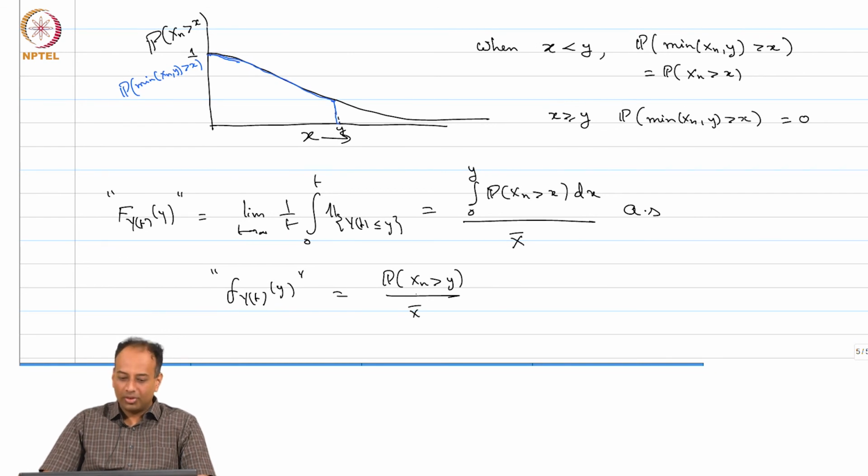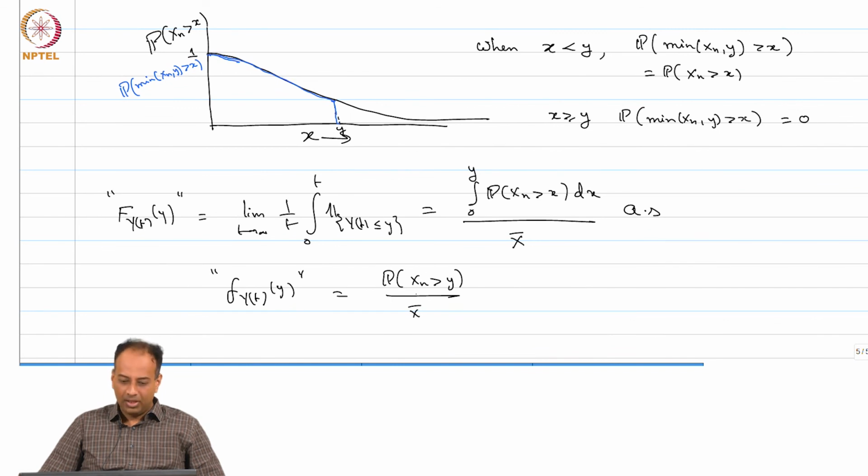If you want to calculate the expected value of this distribution, what will you do? You will integrate y times the probability xn greater than y, from 0 to infinity, and that will be like your second moment. You can calculate using integration by parts. You will recover the answer for expected yt, or the average of yt, which is expected x square by 2 x bar. You will recover that from here. So, this is very nice.